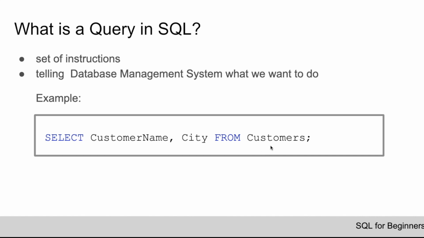So customers here is the name of the table. So we are asking SQL to retrieve information from the customers table, and we want specifically customer name and city.